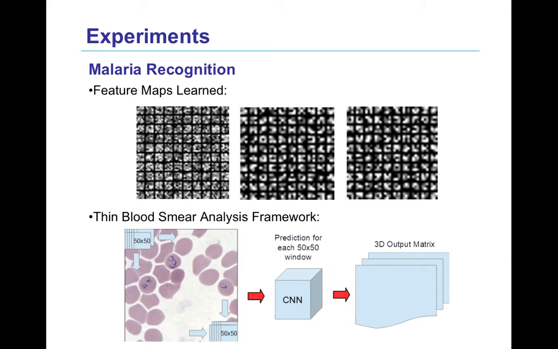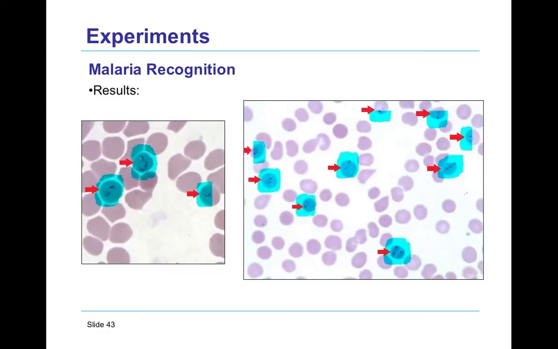Using all these windows, one by one, in the CNN, I got an output 3D matrix. The first one has all the healthy ones, the second one all infected by the first parasite, and the third one infected by the second parasite. And these are the results.